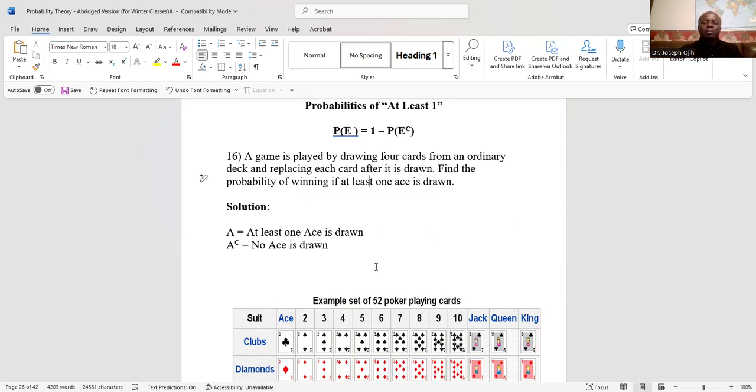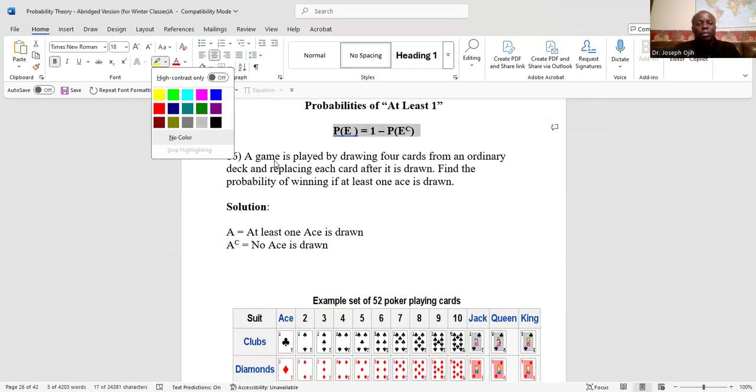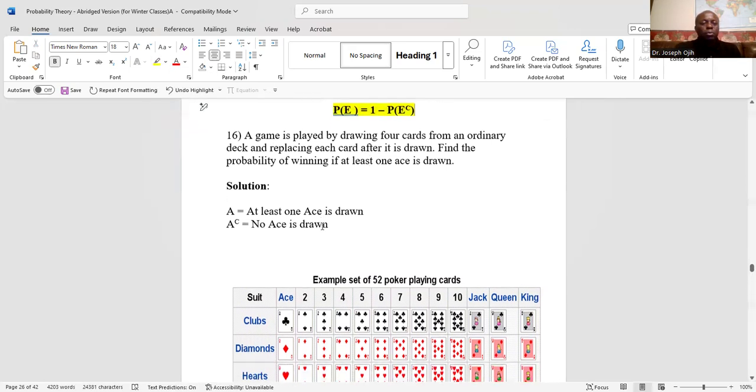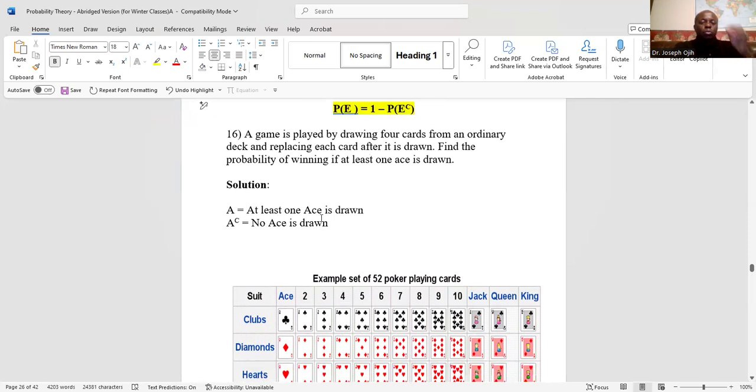Now, here we use the complement rule, where we get the opposite of the answer first and subtract it from 1 to get at least 1. Let's say that A is at least 1 ace is drawn. So you win when you draw an ace.